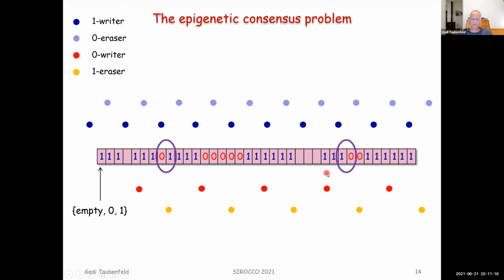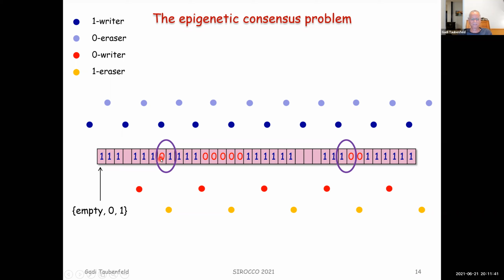And we have to prove that this actually stabilizes and the bigger group will, with high probability, eventually win. Some intuition why the algorithm stops, this is not an analysis, just an idea, is that whenever some location is erased, the probability that the value of the bigger group will be written there is higher.